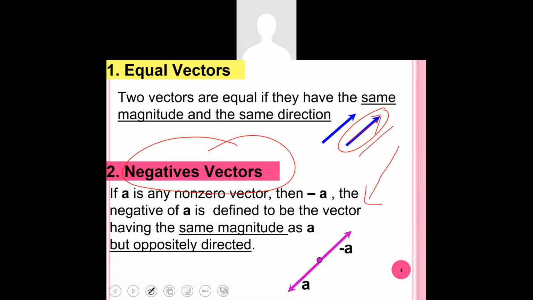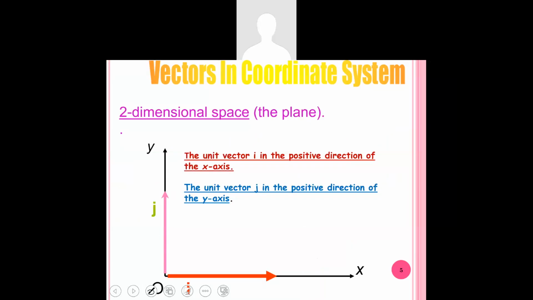If I draw another vector this way, then it would be going towards the negative. When this happens, you add a negative in front of your vector representation. It could also be twice as long, so maybe it would be negative 2A. But what is important is, if it is heading towards the opposite direction, then it is a negative.